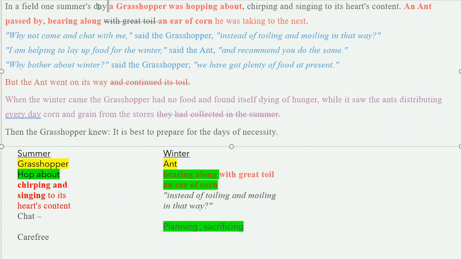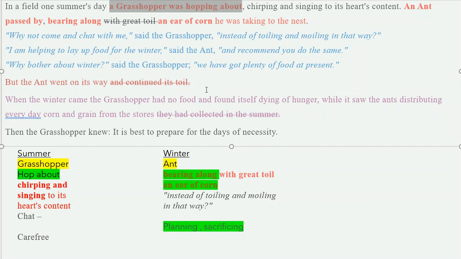Once we removed the time, the summer, and the field, the relaxation went with them. When we removed them, the sentence didn't communicate much. A grasshopper was hopping about, right? So you didn't feel connected. You were just wondering, so what will happen next?